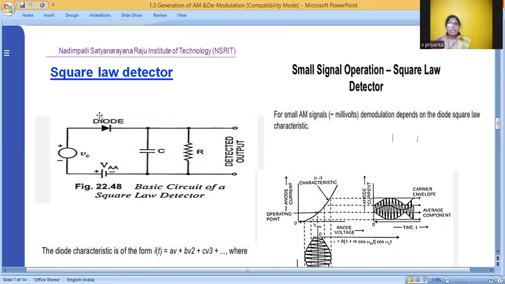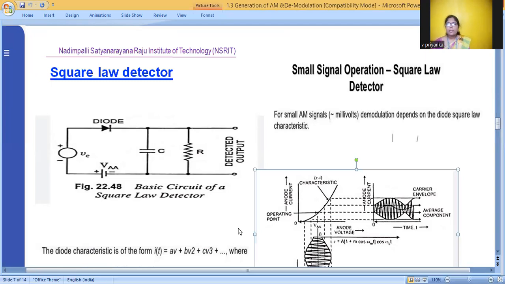Here we are using a diode in the circuit. This is the diode we are using in the square law detector. This is the basic circuit of a square law detector. These are the characteristics of the baseband signal.